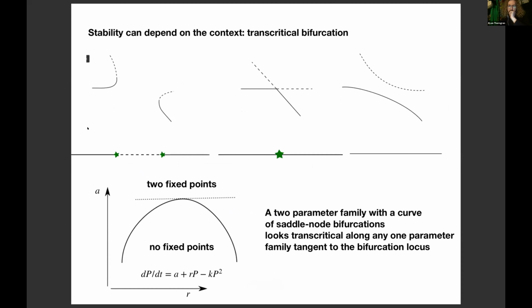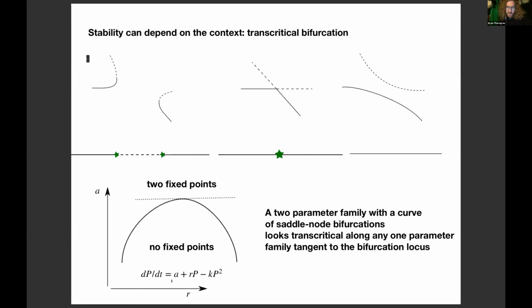One thing to note is that stability really depends on the context of the bifurcation. I told you about this transcritical bifurcation before, and for something like population growth, it is a good model because you would never have a linear term, right? So here was the equation we had: dp/dt equals rp minus kp squared.